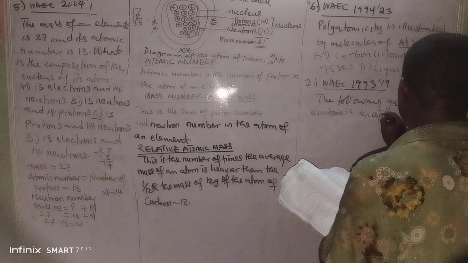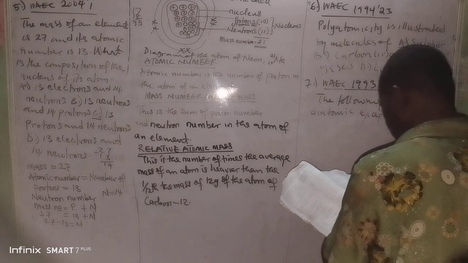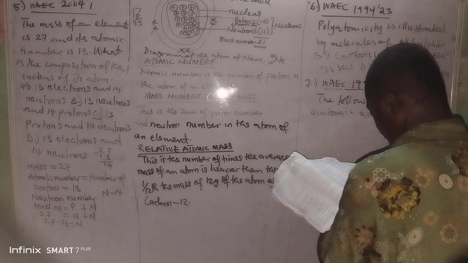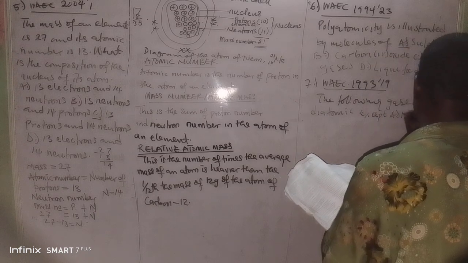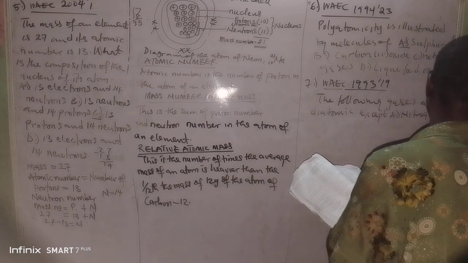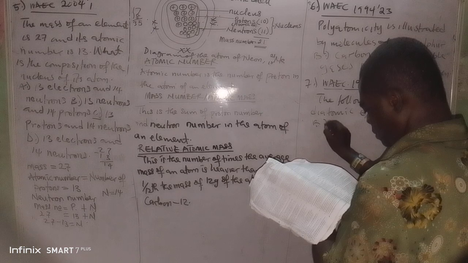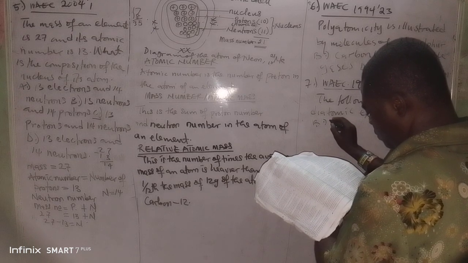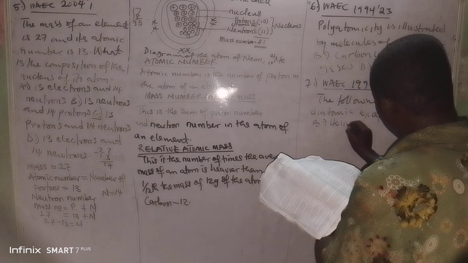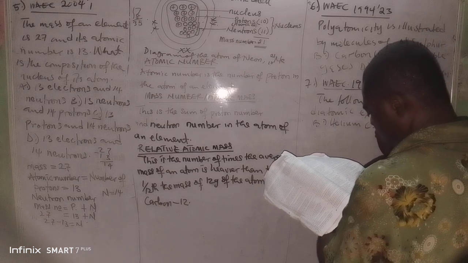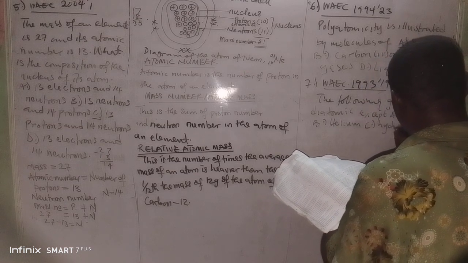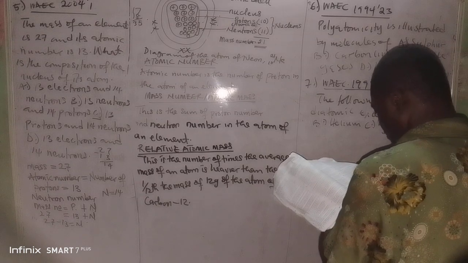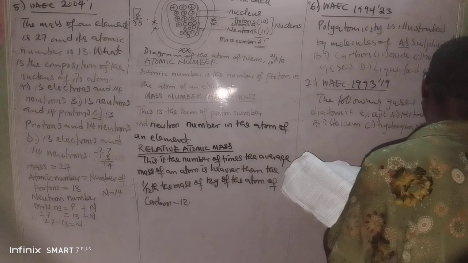A, nitrogen; B, helium; C, hydrogen; D, fluorine.